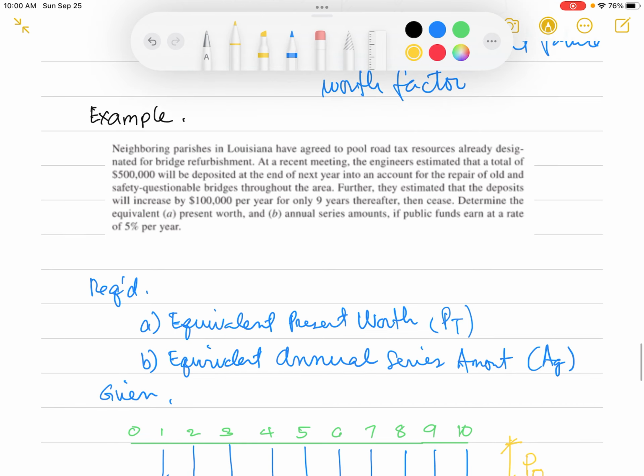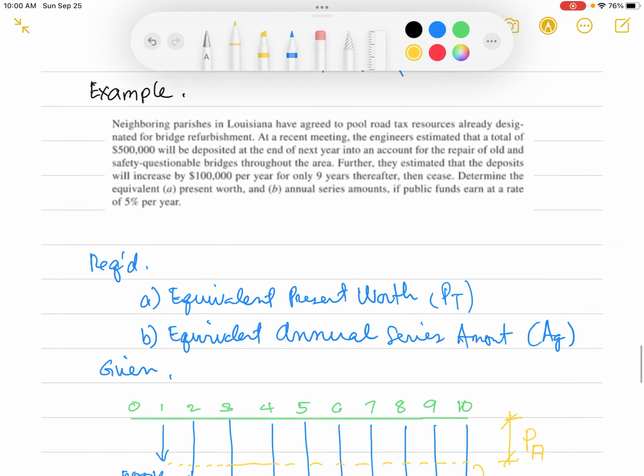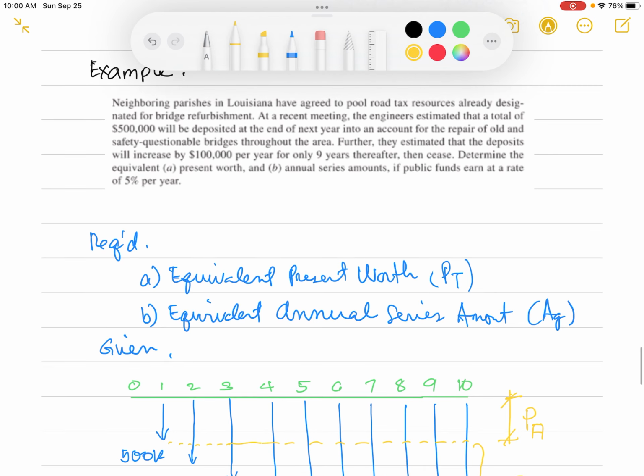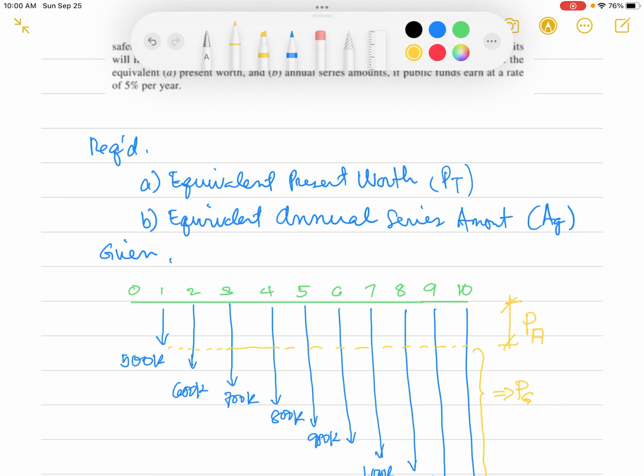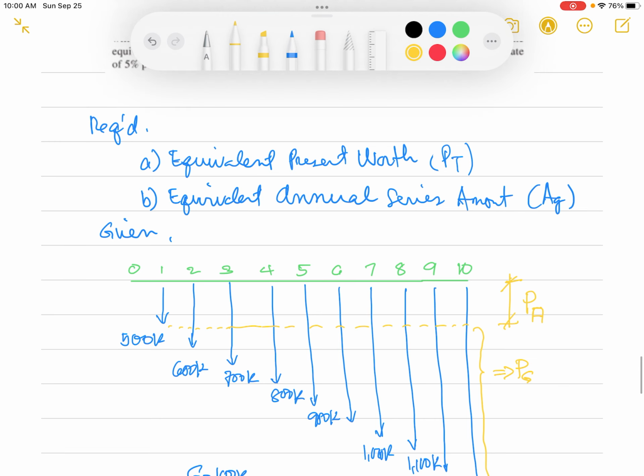Further, they estimated that the deposits will increase by $100,000 per year for only 9 years thereafter, then cease. We are asked to determine the equivalent present worth and the annual series amounts if public funds earn at a rate of 5% per year. So essentially the required here is the equivalent present worth, P_T, and the equivalent annual series amount, A_T.